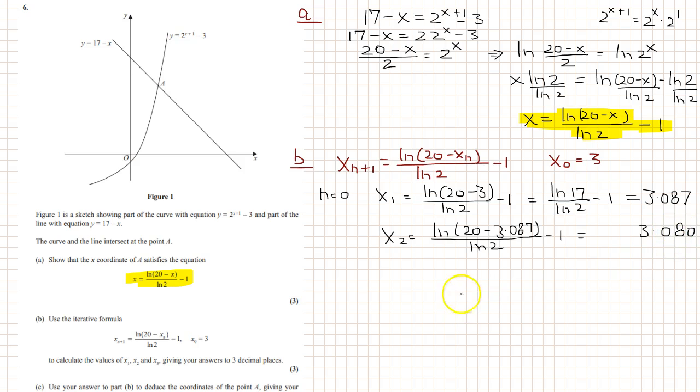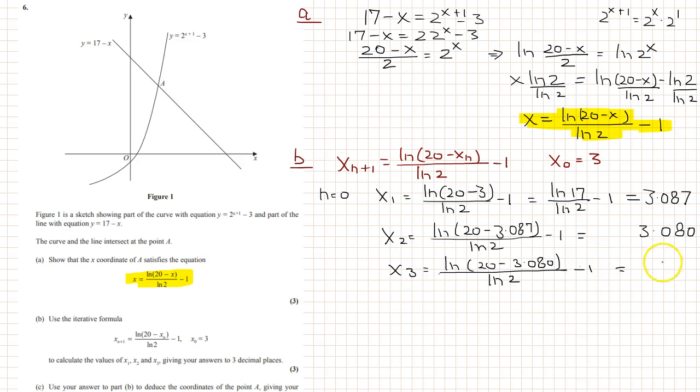3.080. And in the same way, x3 will be ln((20 minus 3.080) over ln 2) minus 1.